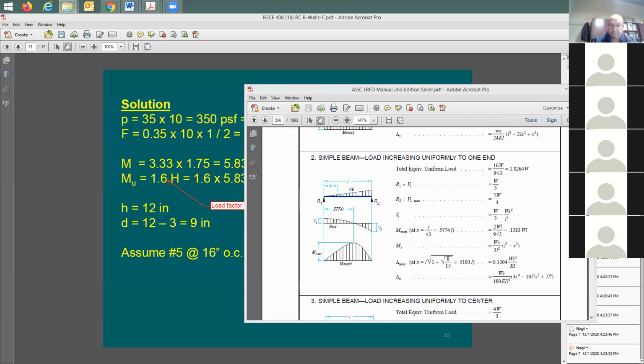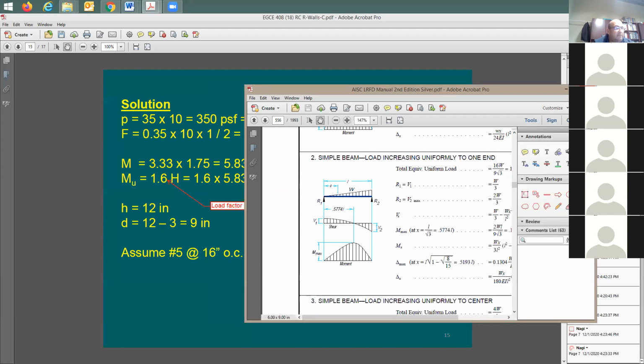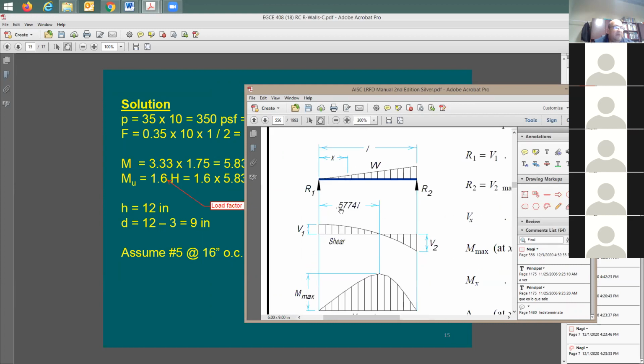Okay. I want you guys to spend some time and find out the moment based on this. And another way of doing it: just look at this location. Try to find out the moment at maybe 60% of the span, at 0.577, right?